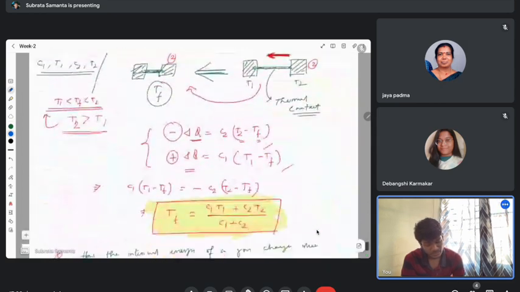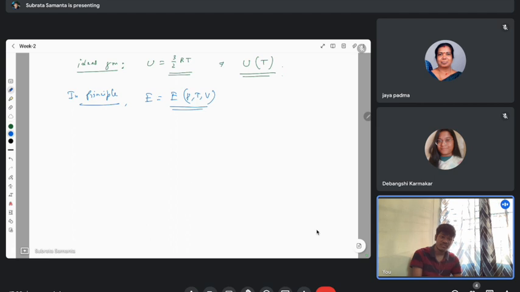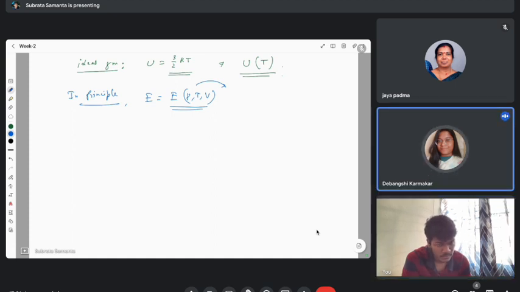So in principle, this energy can be written in terms of the other variables P, T, V. How can we go from three variables to two variables? The energy depends on the other three variables P, T, V. Now my question is: are these P, T, V all independent, or are they somehow dependent? How?